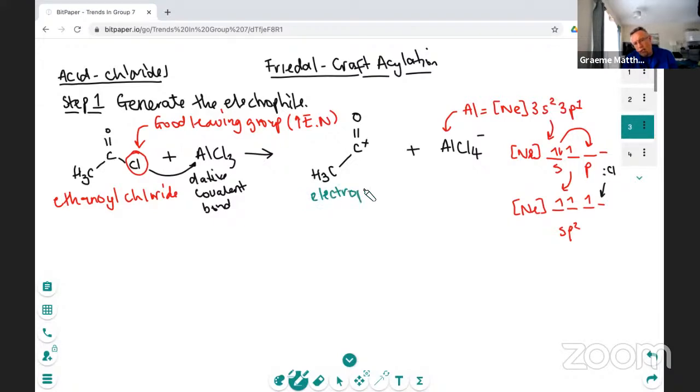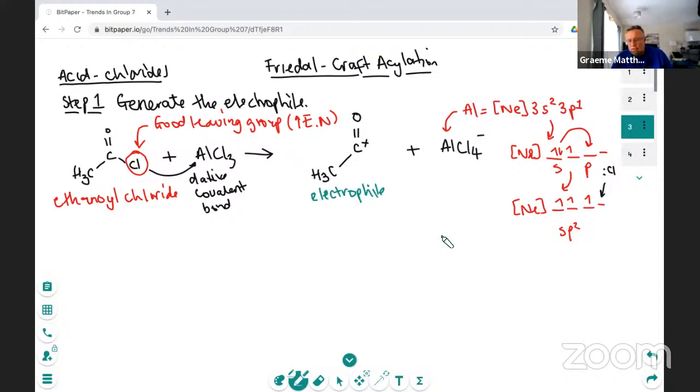Now, you're thinking, oh yeah. When you did nucleophiles, you said that a nucleophile was a species that has a negative charge or is neutral, that has a lone pair on an electronegative atom that it can donate to form a covalent bond, right?